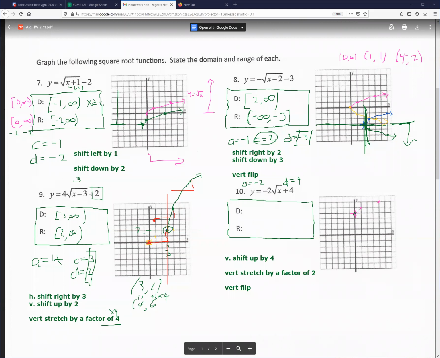So this point stays right where it is, but this one, instead of going up by 1, is going to go down by 2 to right there. This point, instead of going up by 2, is going to go down by 4. The next one would have gone up by 3, instead it would have gone down by 6. So it's going to end up looking like this. And so this is basically our graph right here.